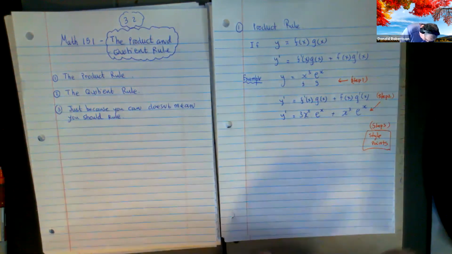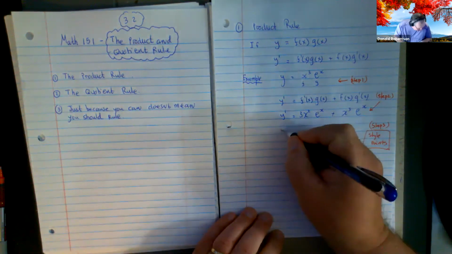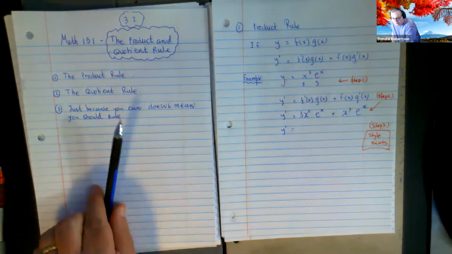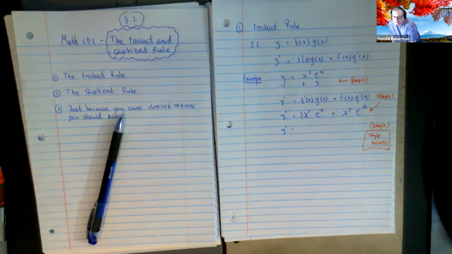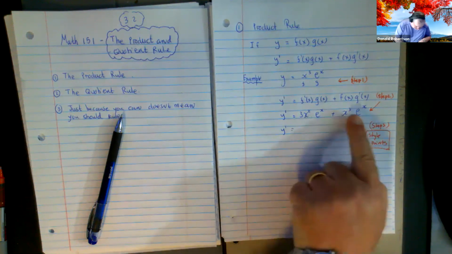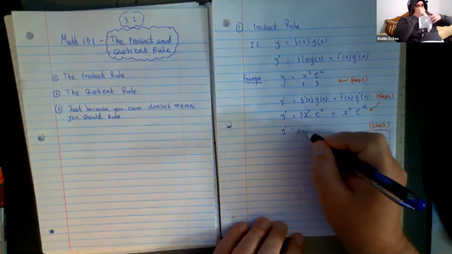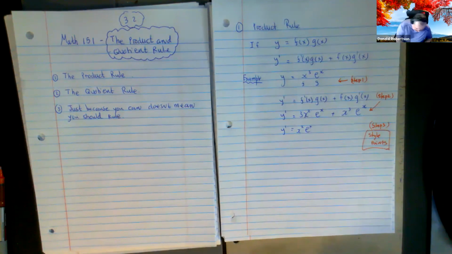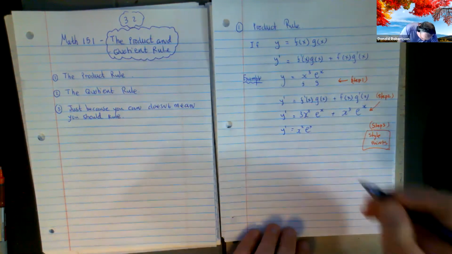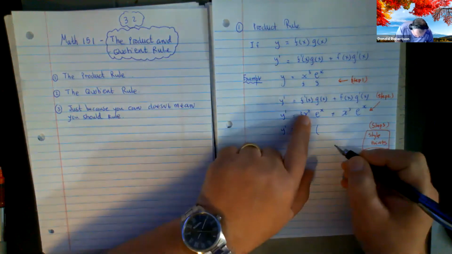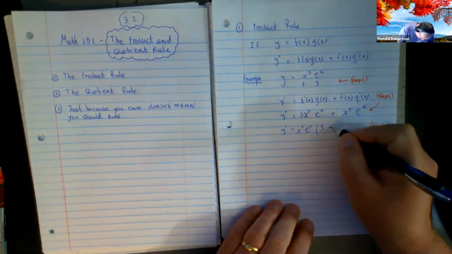If you look at this expression here, is there a common factor? Because we can factor the heck out of it. I guess the question is, what is the common factor for these two terms? X squared e to the x. You all agree that's the common factor? Now, if you pull out, you got 3 here, and over here, you have an x.